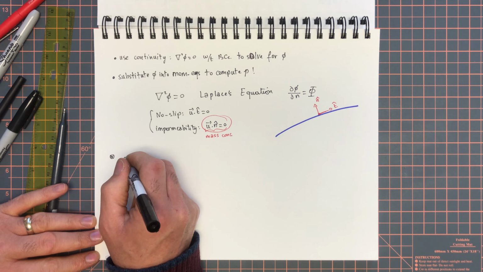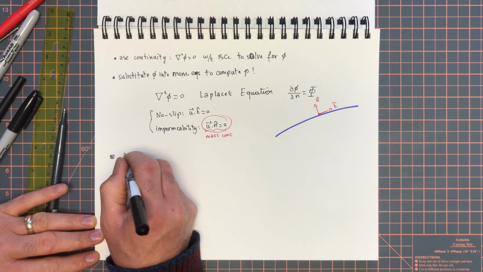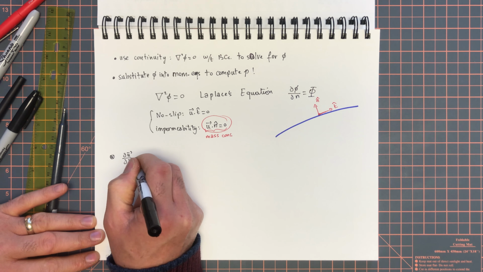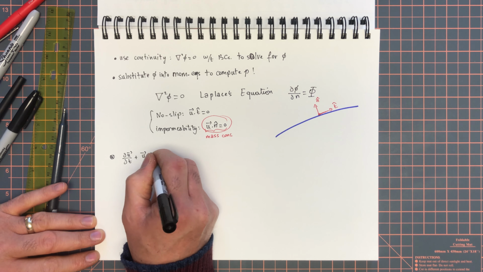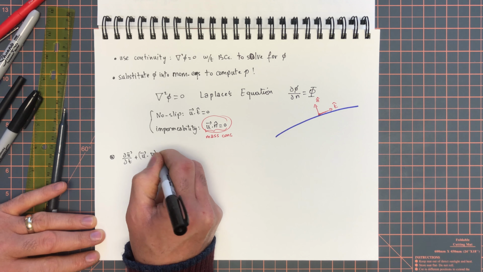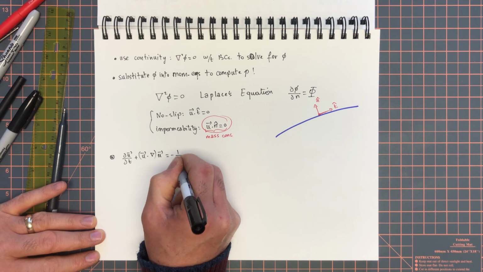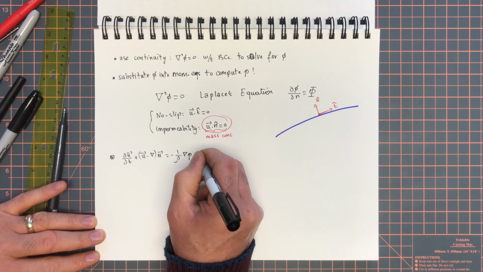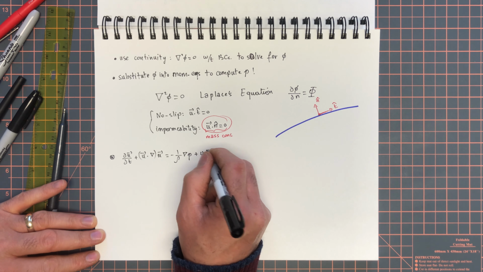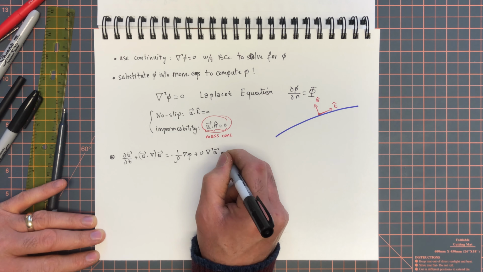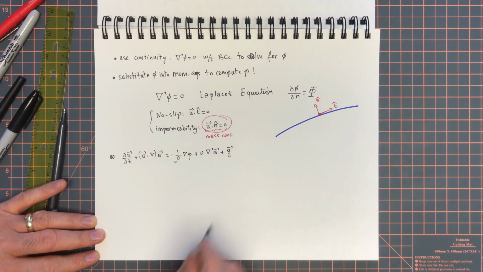So we're going to look at the momentum equations again, du by dt plus u dot grad u is equal to minus 1 over rho grad p plus nu del squared u plus g.